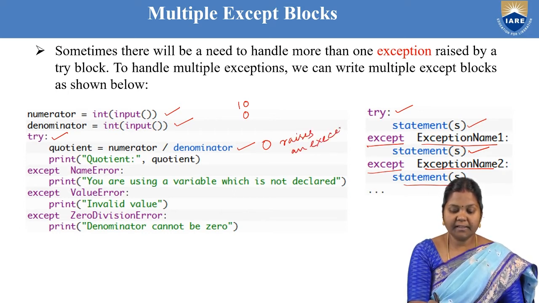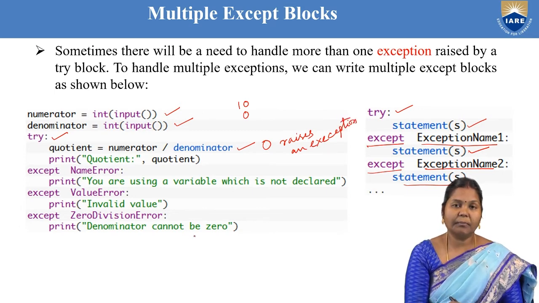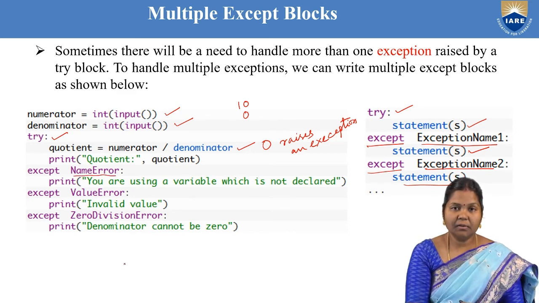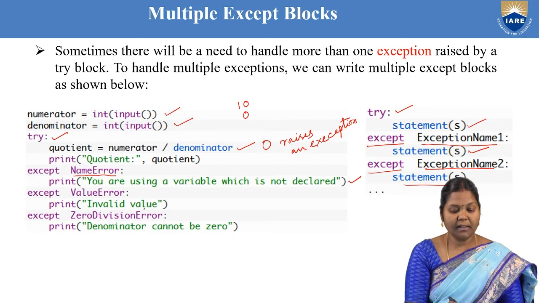Whenever an exception is generated, you have written multiple types of exception handlers in your program, and whatever type of exception it generates, that particular handler block will be executed. See here, we have written except, is it a name error? If it is a name error, then this print statement will be executed, saying you are using a variable which is not declared.